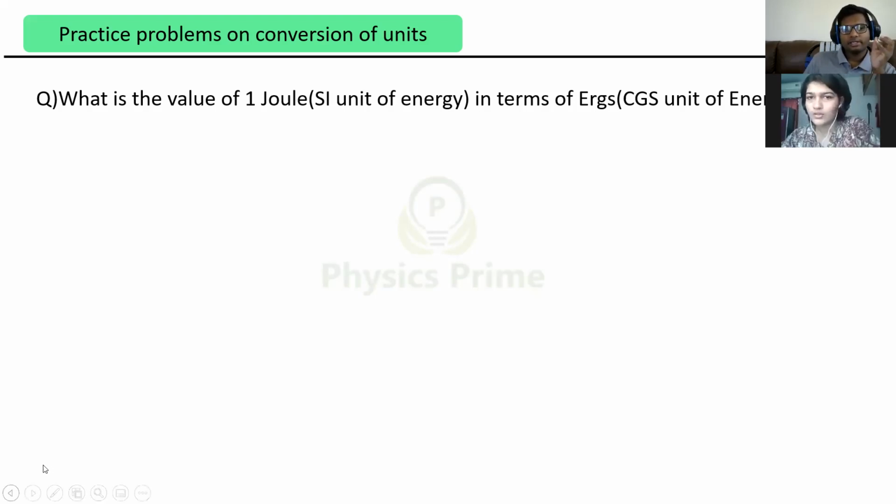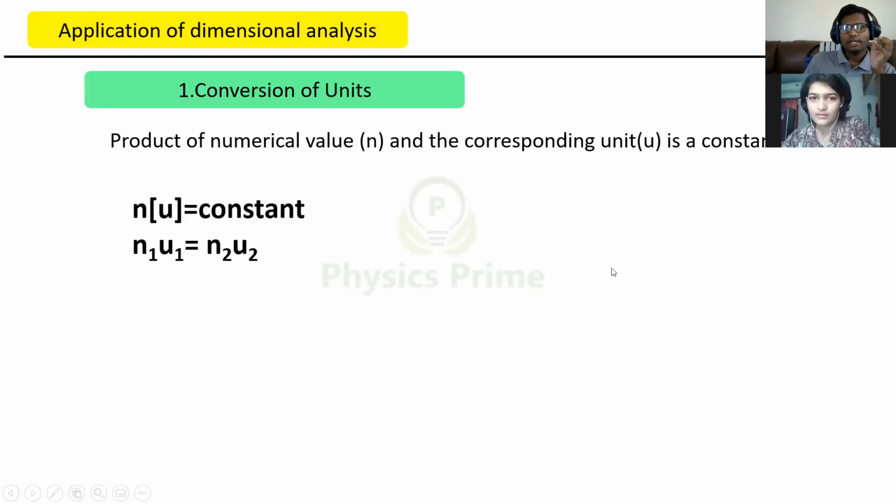I'll just show you how you can solve it. Suppose there is a physical quantity with dimensions M to the power a, L to the power b, T to the power c.